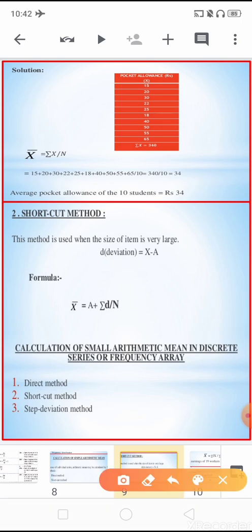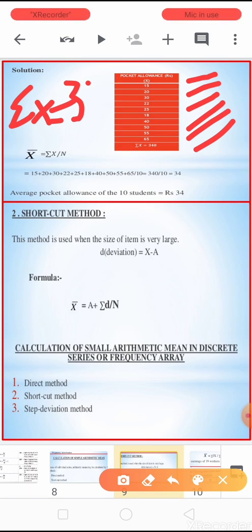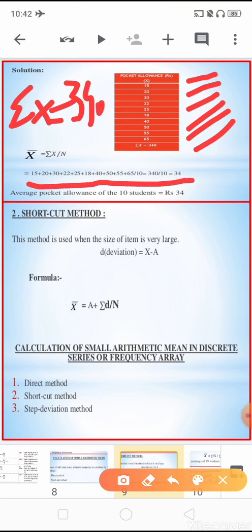So how would we calculate? We write the pocket allowance of each and every student like this. Now we first find the summation of x. The summation of x comes to 340, as we added all the values.